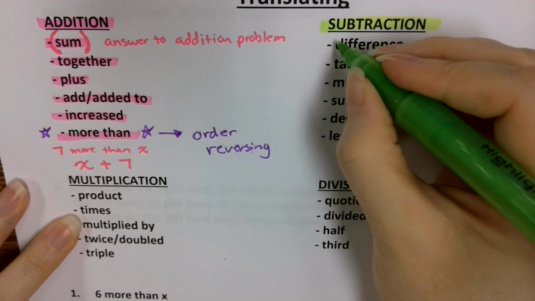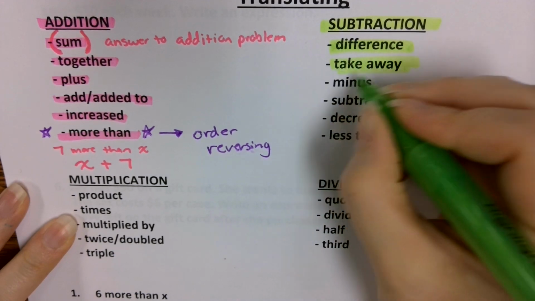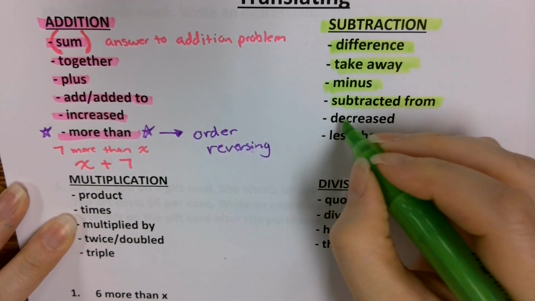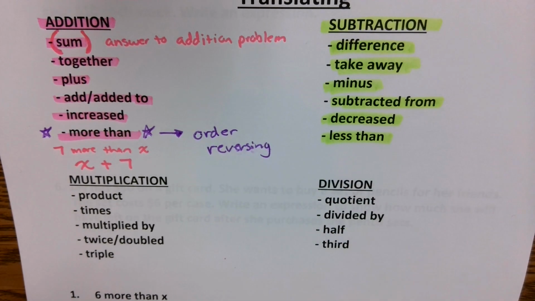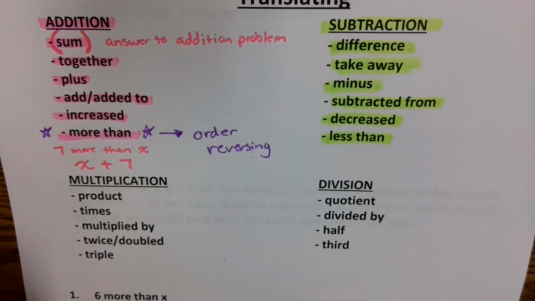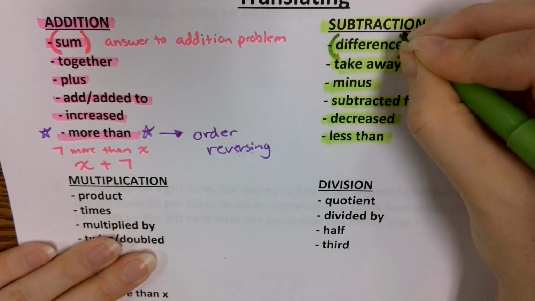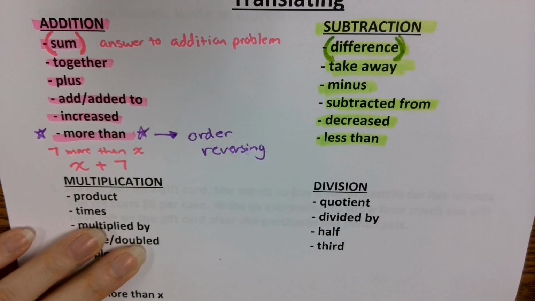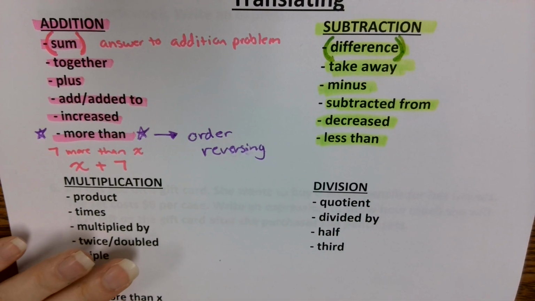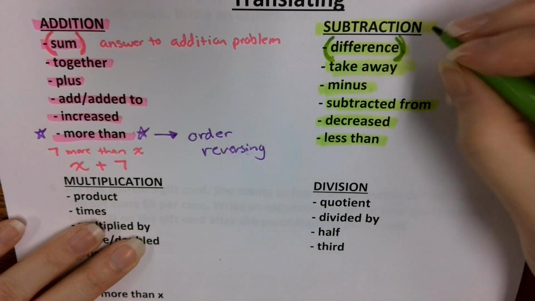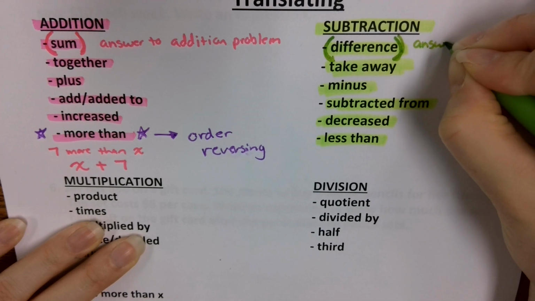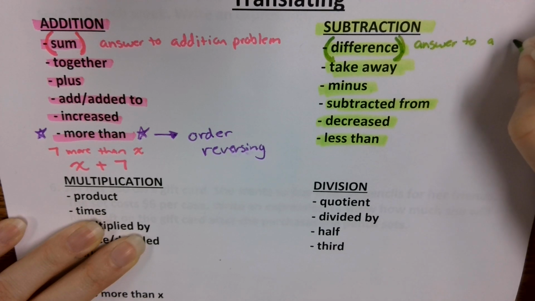So for subtraction, we have the words difference, take away, minus, subtracted from, decreased, less than. Okay, difference. I want you to put parentheses around the word difference. That also is a problem in which you have to do the difference first because it is an answer to a subtraction problem.